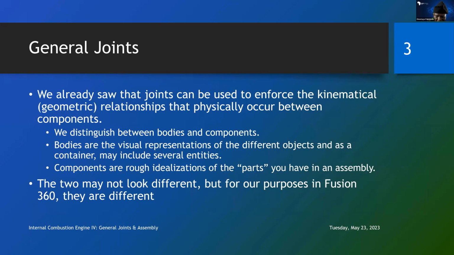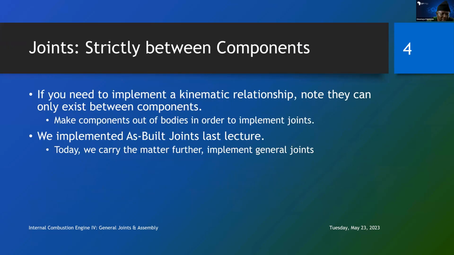So the components give a little bit more reality to what you are doing. Joints exist strictly between components. If you need to implement a kinematic relationship, note they can only exist between components. Make components out of bodies in order to implement joints. We implemented as-built joints in the last lecture. Today, we're going to go further and implement general joints.